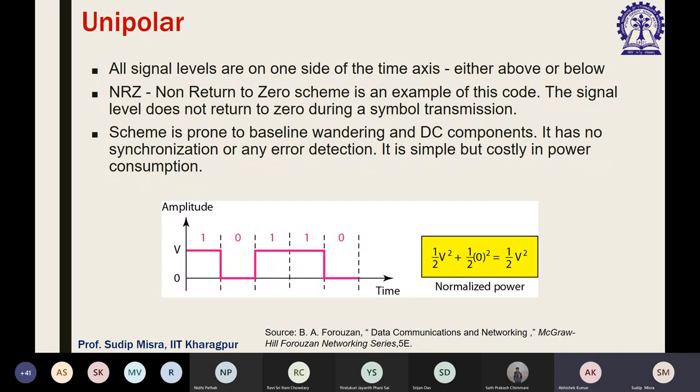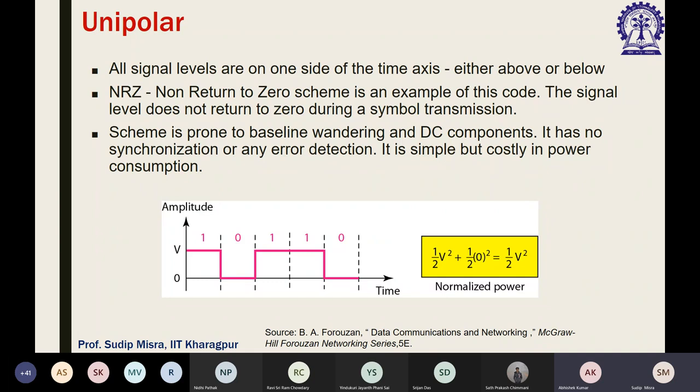It happens when a long string of zeros or ones is received. Due to baseline wandering, the receiver will have difficulty decoding the data bits correctly.